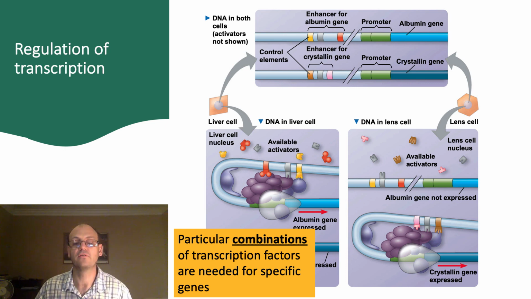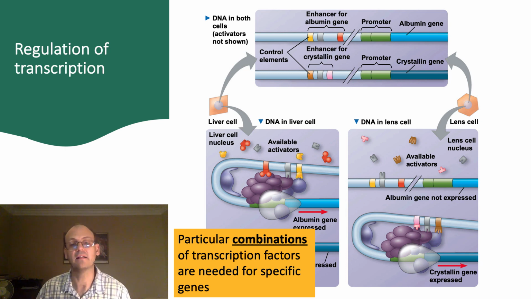Both of these genes require the gray transcription factor. The albumin gene on top requires red, gray, and yellow transcription factors, and the crystalline gene below requires brown, gray, and pink transcription factors. Although the gray transcription factor is common to both, you can see that the exact combination required is very particular, and transcription won't start at an appreciable rate until all of those transcription factors are in place.